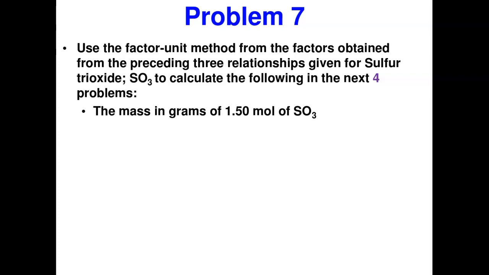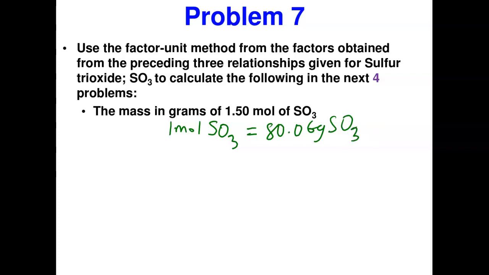It says the mass in grams of 1.5 moles of sulfur trioxide. In this case, we're going to be using that 1 mole of sulfur trioxide has a molar mass of 80.06 grams of SO3. This is our conversion unit. And we want to convert this mole into mass.